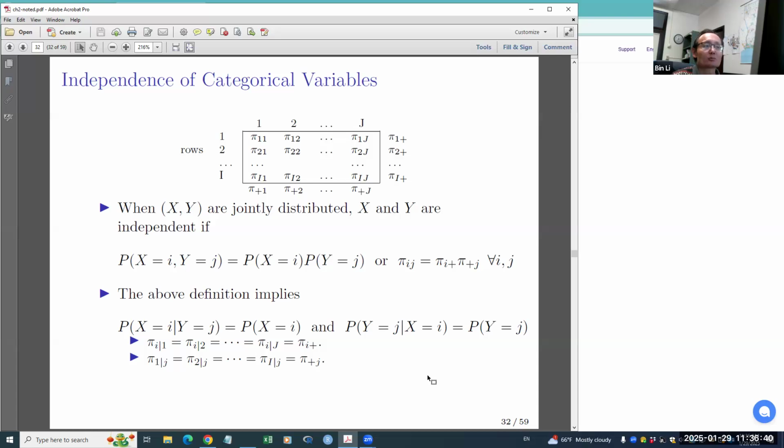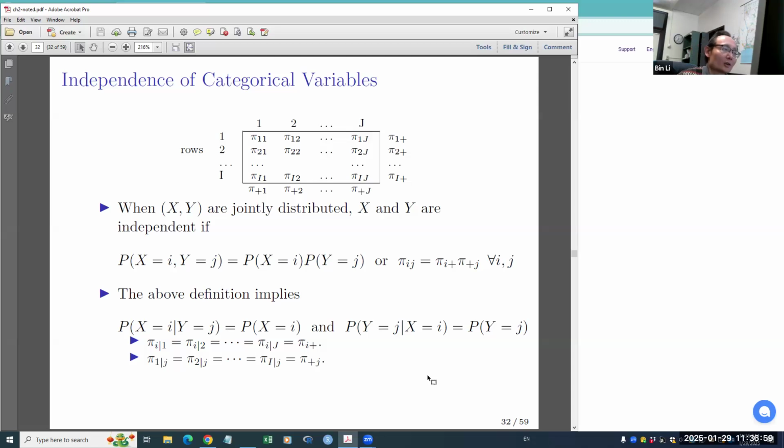Let's say we have I rows and J columns, and we want to test whether x and y are independent, or they are strongly associated with each other.